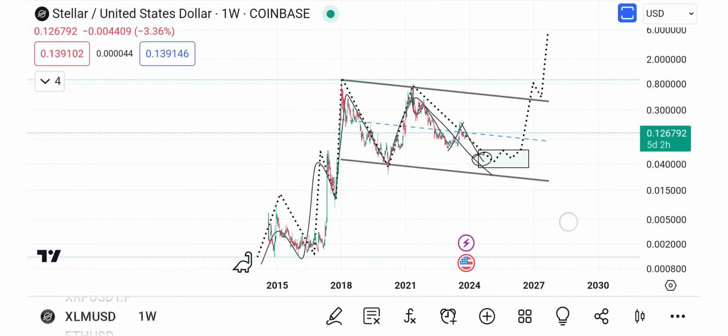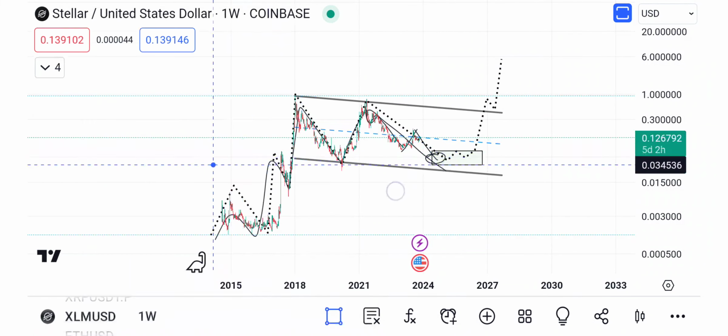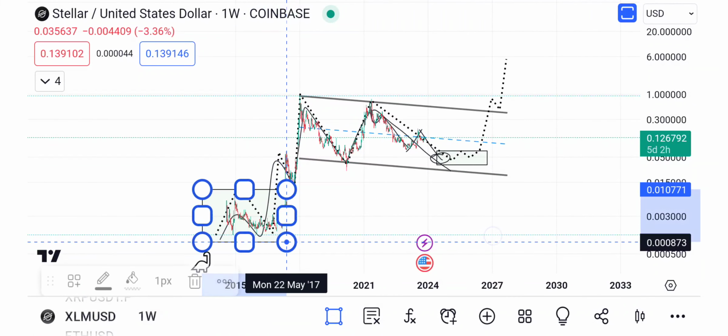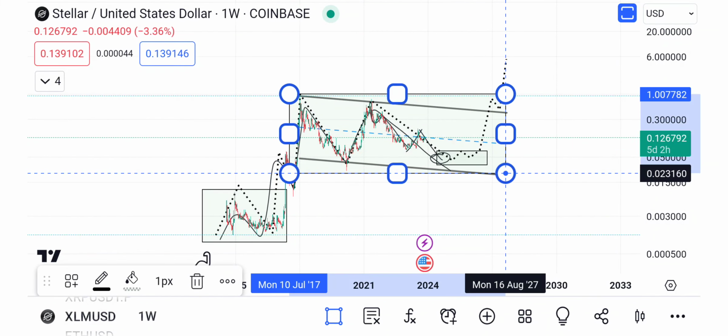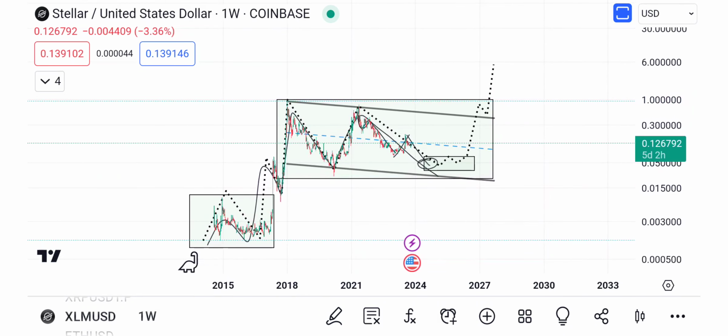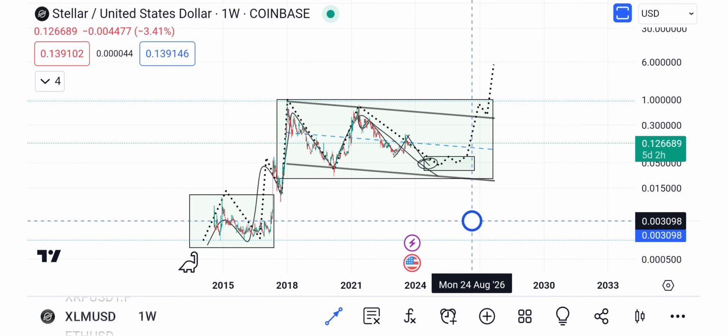Now remember, this is just creating a bigger base, right? Just like here, it would be the same thing as here. The bigger the base, the higher in space. So if we do come down here, it's possible.